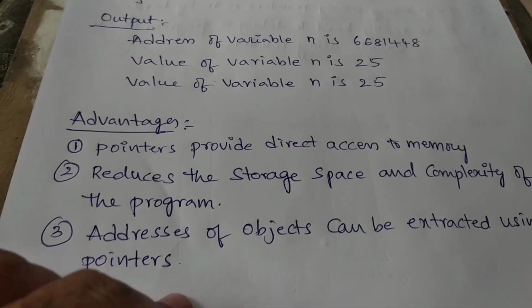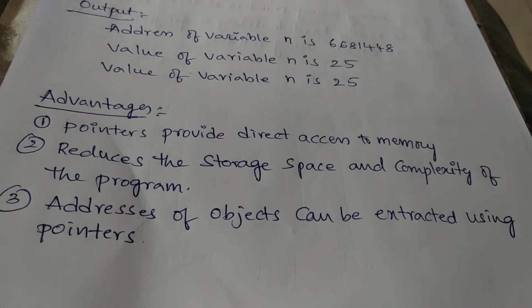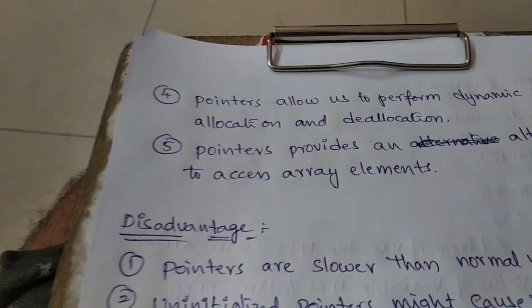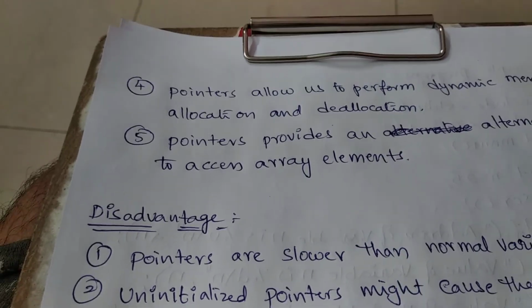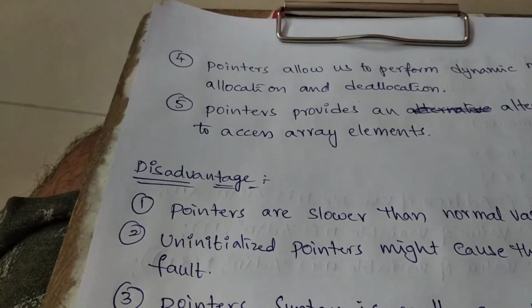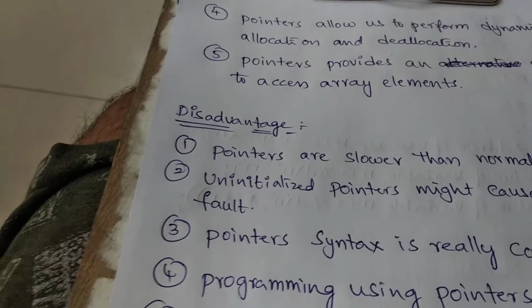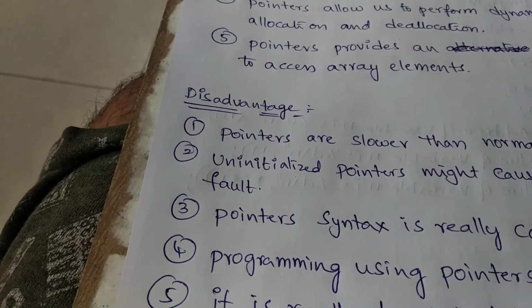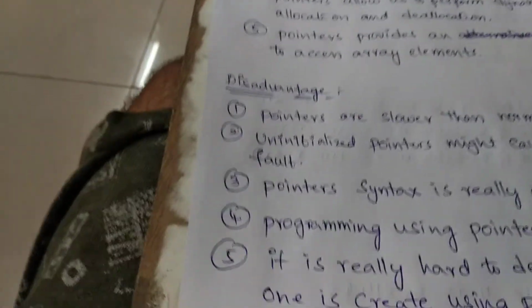Addresses of objects can be extracted using the pointer. One more advantage is that pointers support dynamic memory allocation and deallocation, so that you can add memory or remove memory. Pointers also provide an alternative way to access the elements of an array.